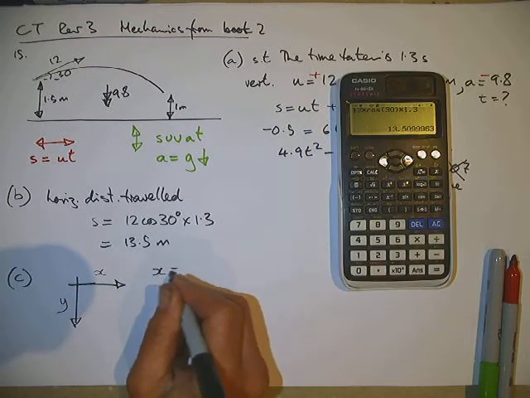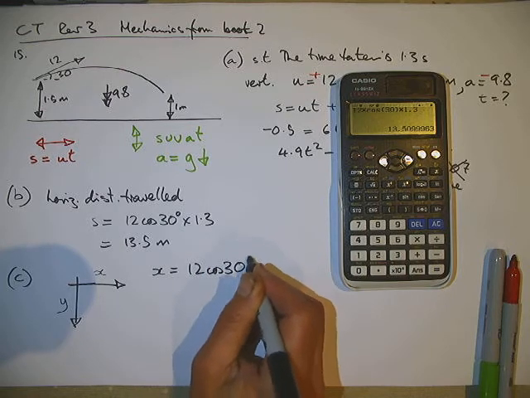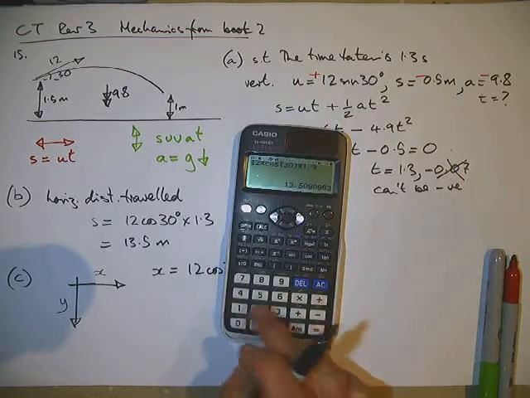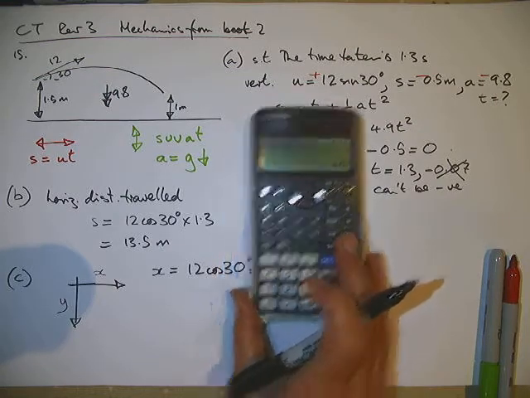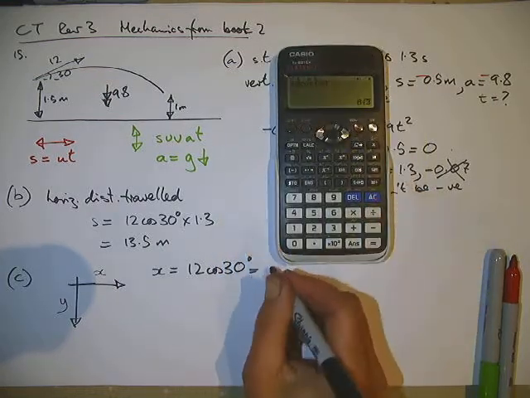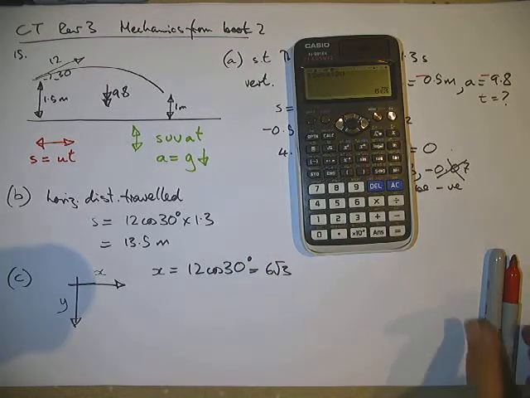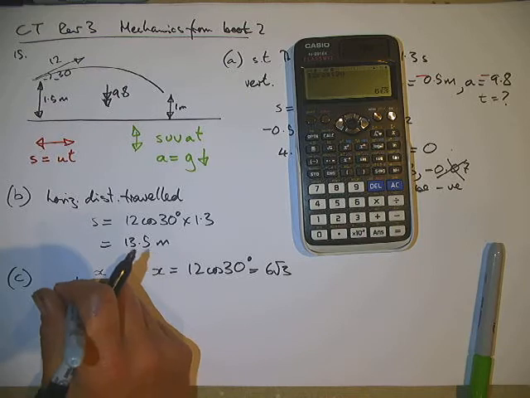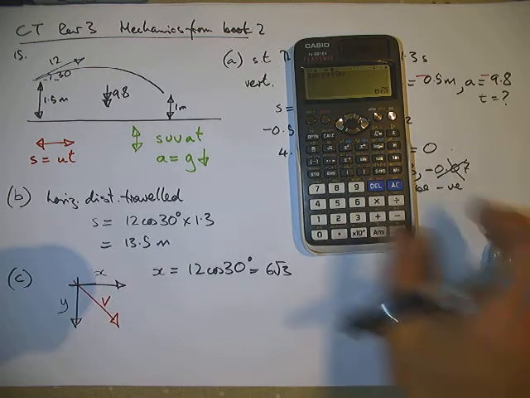So x is 12 cos 30, 6 root 3. I'll keep that as is for the time being, then we'll round later. I should have said they're components of the velocity as it hits the target.